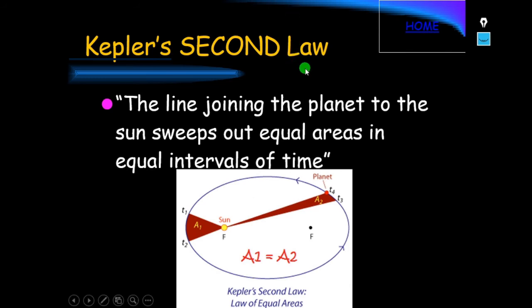Next, Kepler's second law. According to Kepler's second law, the line joining the planet to the sun sweeps out equal areas in equal intervals of time. Let us say first the planet is at point T1 at time T1. After some time T2 it has reached this point.